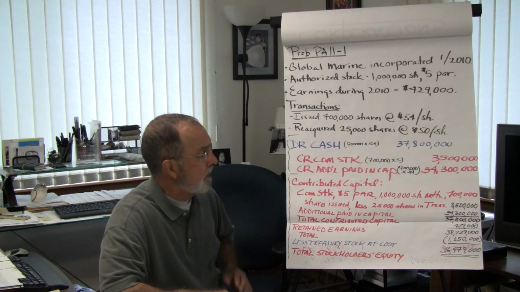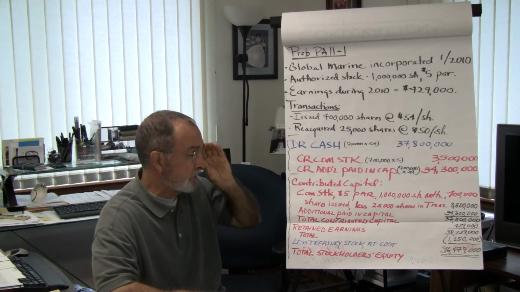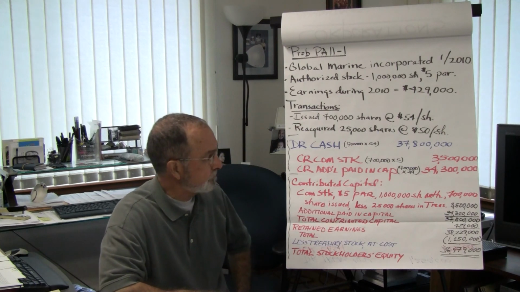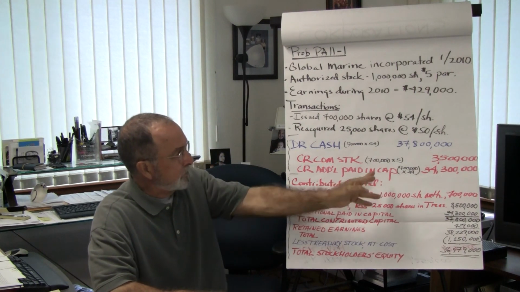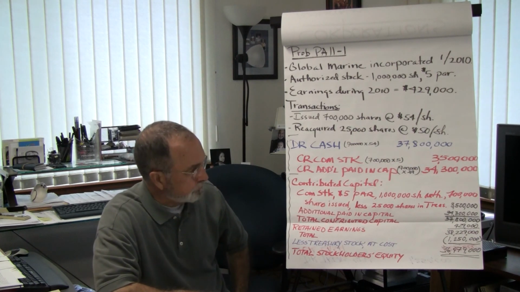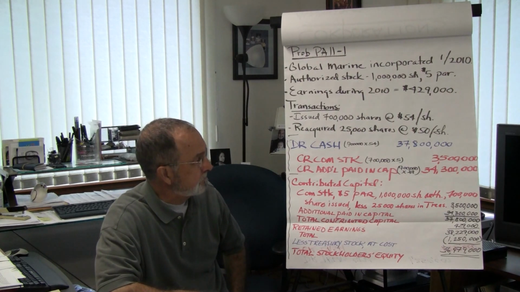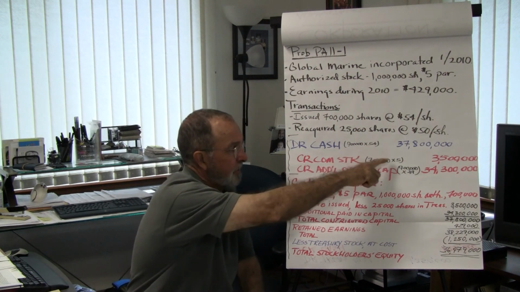Same account. Here we're using common stock as the account title. So that's 700,000 shares at par value of $5 a share, $3,500,000.